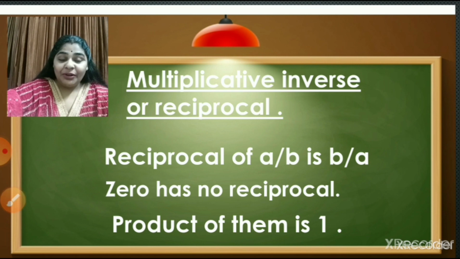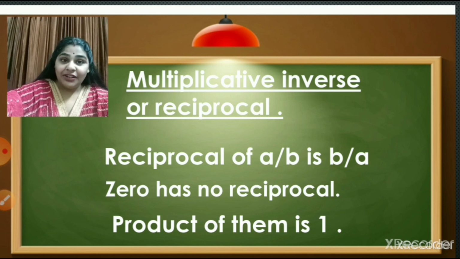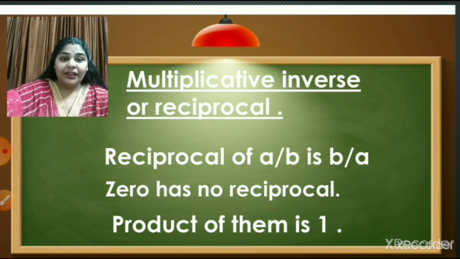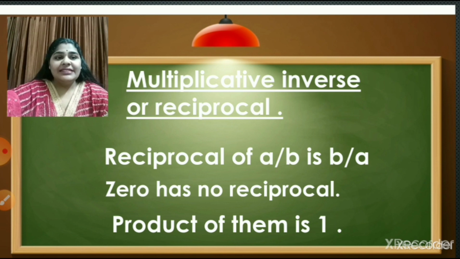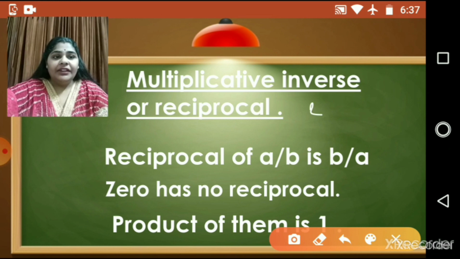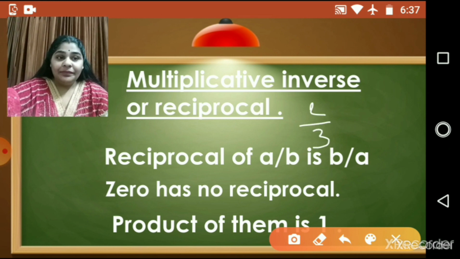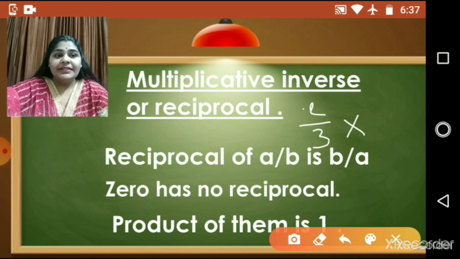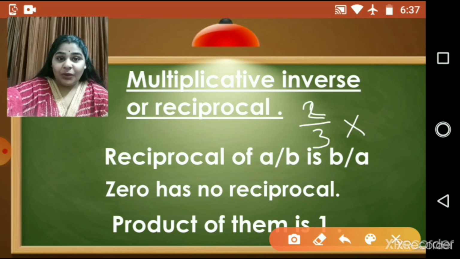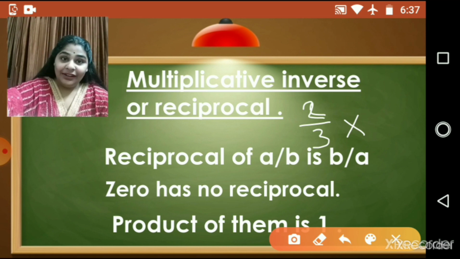And the next important thing is the product of a rational number and its reciprocal. Suppose I take a simple example. It is 2 upon 3 multiplied by its reciprocal. Reciprocal is what? Again we interchange the numerator and denominator.